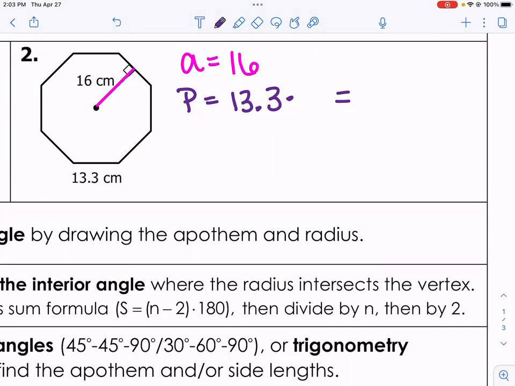Carson, what do I need to multiply 13.3 by to get the perimeter? And what is that number? I don't think it's 93.1.